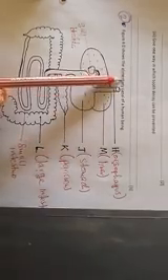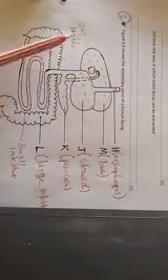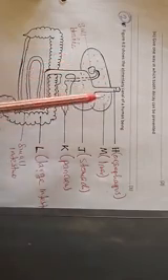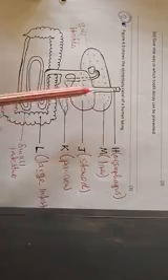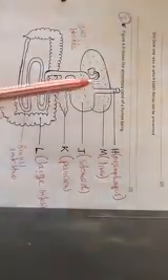An alimentary canal is a tube that runs from the mouth up to the anus where digestion takes place. So the major function of the entire system is to carry out digestion. Now we know that the word digestion simply means breaking down of large food particles into smaller ones.